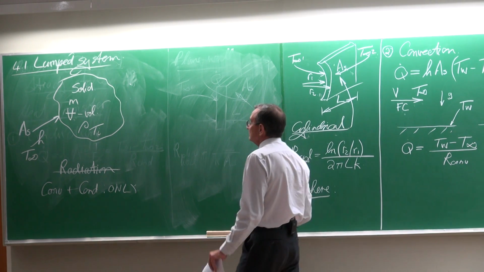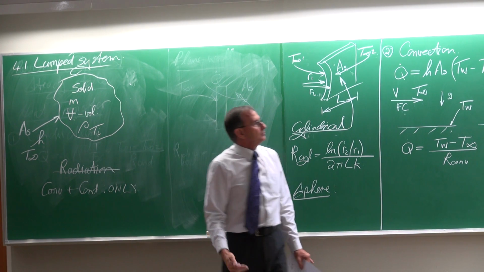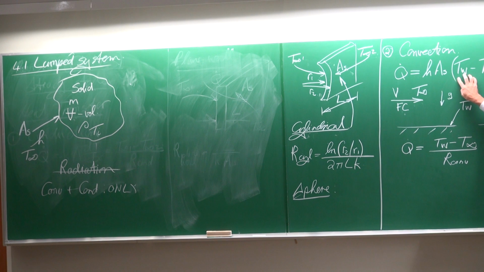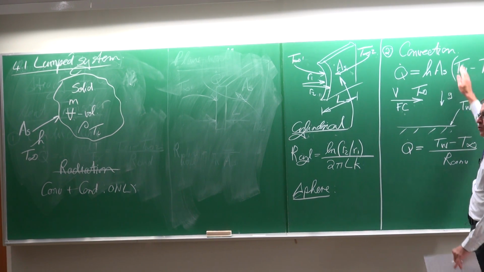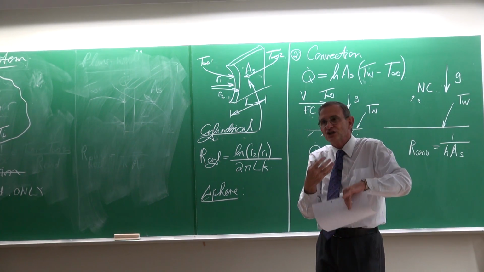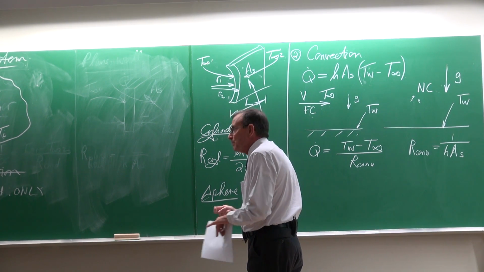Right. Now, what you will see is that in many cases where we get to a temperature difference, in some cases I'm going to write it as T wall minus T infinite, and in other cases I'm going to write T infinite minus T wall. And usually I will put the largest one there because it's so simple and intuitive that we know what the direction of heat transfer is. It is always from the highest temperature to the lowest temperature.